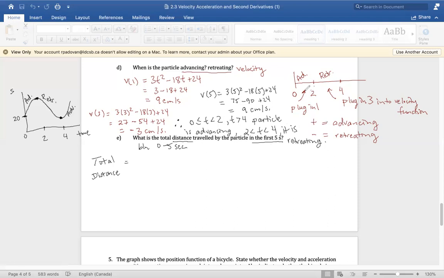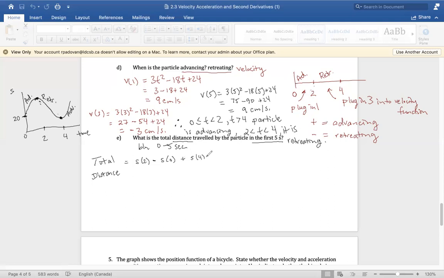So for the total distance, we know that we have key values here at 0 and at 2, where it's not moving. So we want the displacement function at 2, subtracting the displacement function at 0. So between 0 and 2, what was our distance? And then we're going to add to that, between 2 and 4, what's our distance?